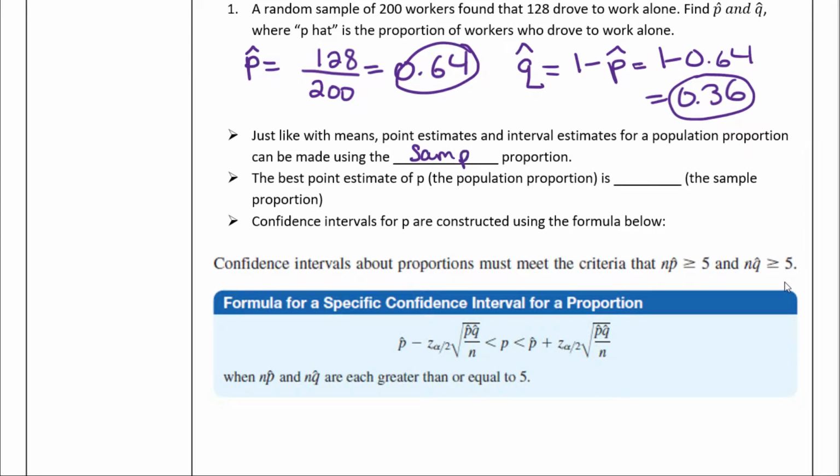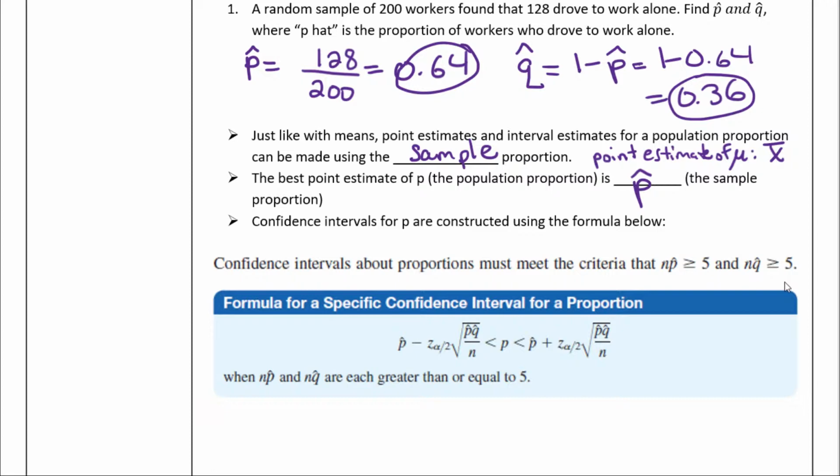So remember that the point estimate of mu was x bar. This time, the estimate of p is going to be p hat. So the best point estimate of p is going to be p hat.